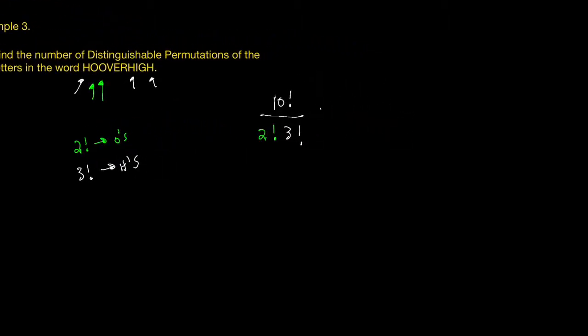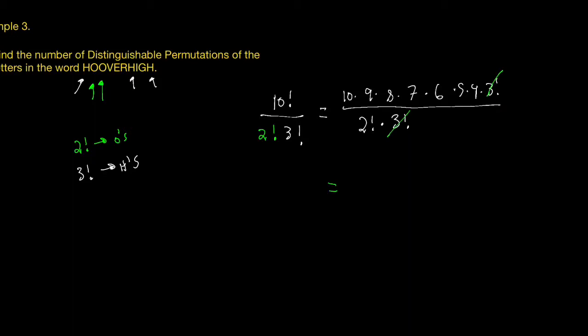So let's simplify this. I'm going to expand 10 factorial down to 3 since 3 is bigger than 2. So I'm going to get 10 times 9, 8, 7, times 6, times 5, times 4, times 3 factorial, all over 3 factorial times 2 factorial. The 3 factorials are going to cancel out.